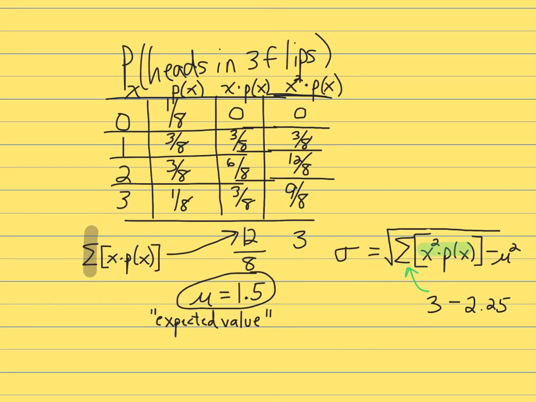Hopefully I got that right. That gives us 0.75 when we subtract 2.25 from 3, and don't forget, we've got a square root there. I should have included that in this step so I don't forget it. And the square root of 0.75 is 0.9.